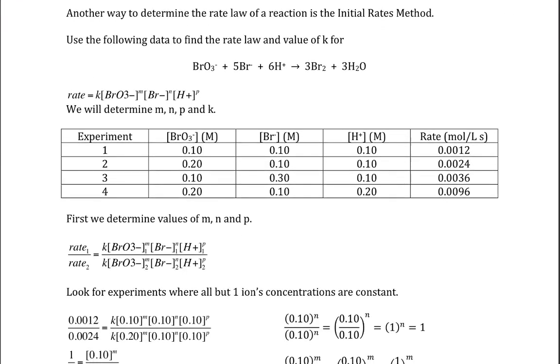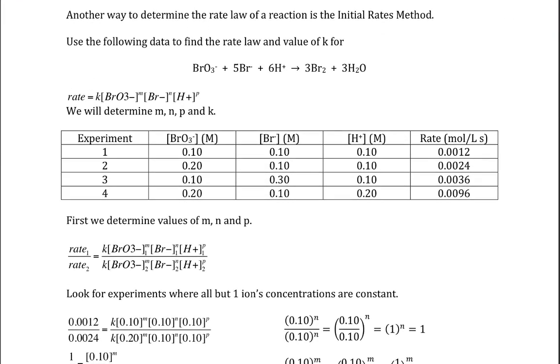Another way to determine the rate of a reaction is what's called the initial rates method. We will work with this method using this reaction: BrO3- plus 5Br- plus 6H+ yielding 3Br2 plus 3H2O. We're going to find the rate law of that reaction as well as the value of k given the data that we have in the table.